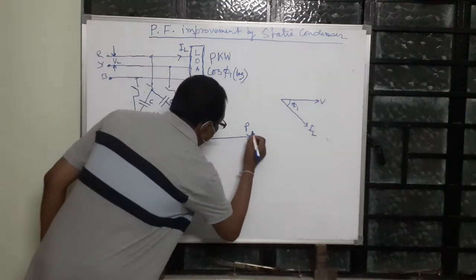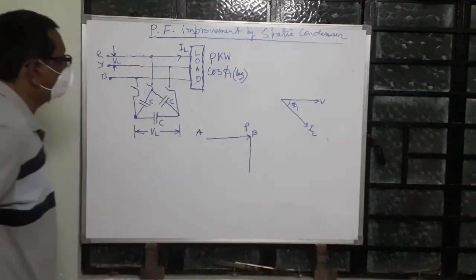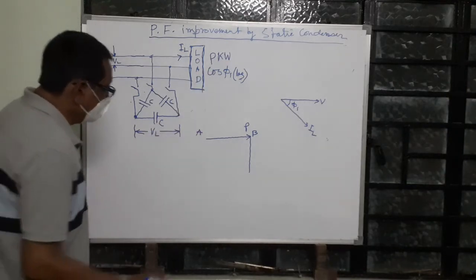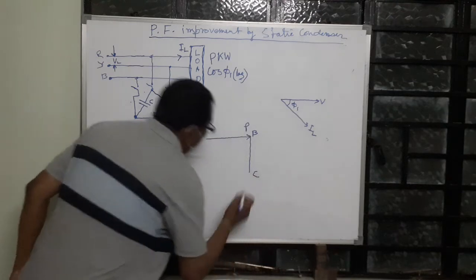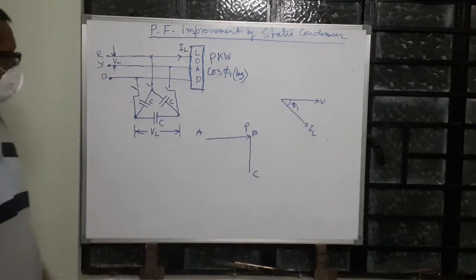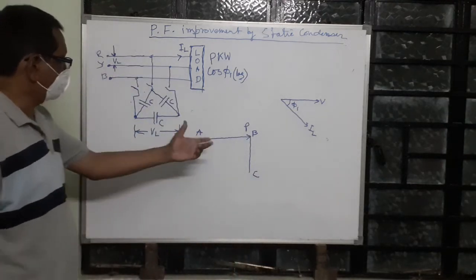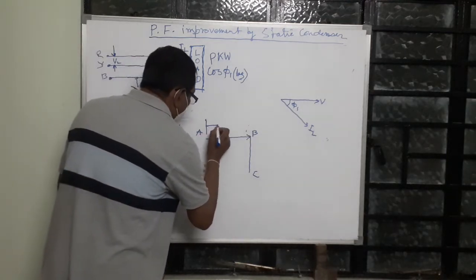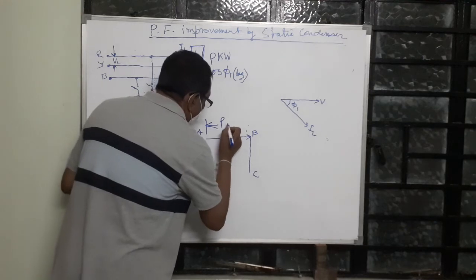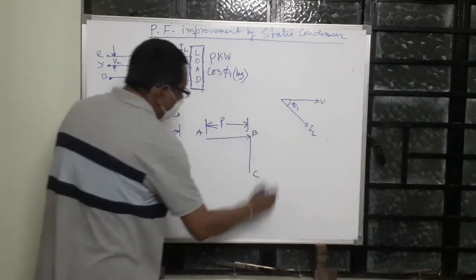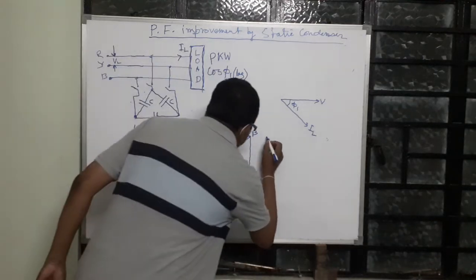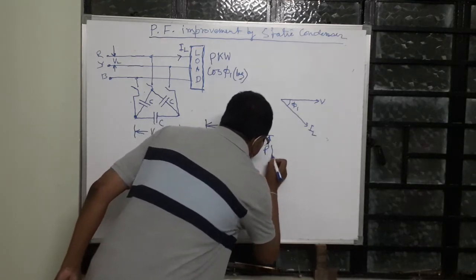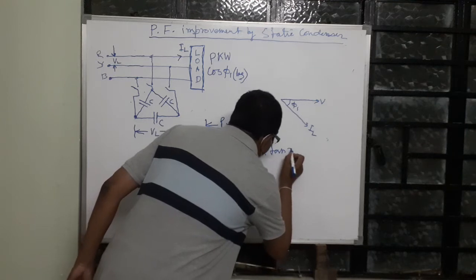AB shows the active power of the load, P, and BC shows the reactive power of the load, which is P tan phi 1.